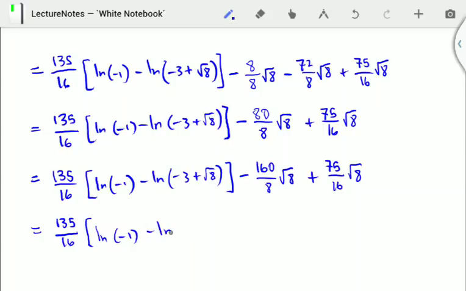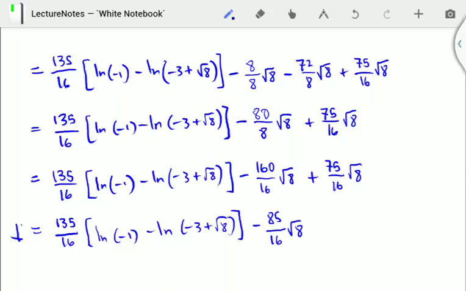Let's copy the first term here, minus 3 plus square root of 8, minus, of course, 160 minus 75 is what? 85, yeah. Wait, this should be 16, right? Because multiplied by 2 now. So see, that's what I'm talking about, we sometimes miss that. So you have 85 over 16 square root of 8.